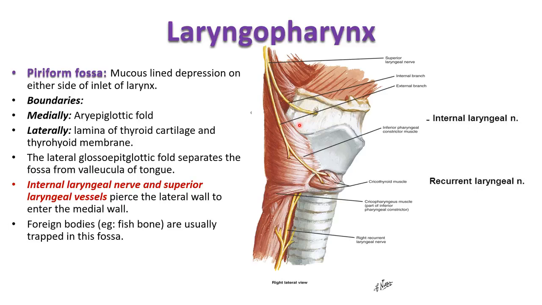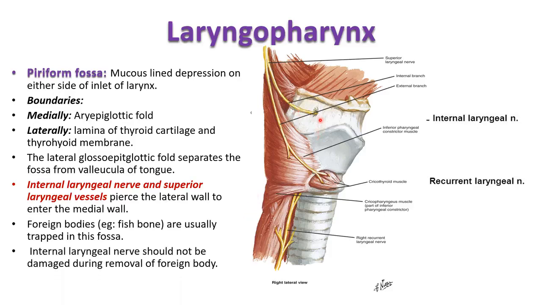But if it is trapped firmly, then you have to go for surgical removal. While removing the fish bone, one should be very careful not to damage the internal laryngeal nerve. Care should be taken to preserve that nerve while removing any foreign body from the pyriform recess.